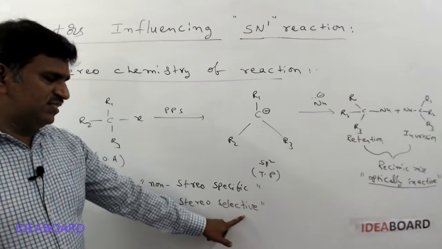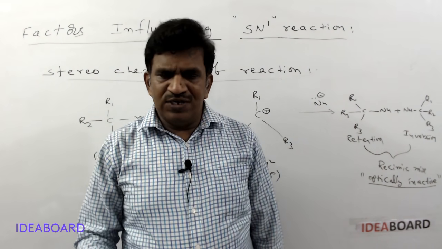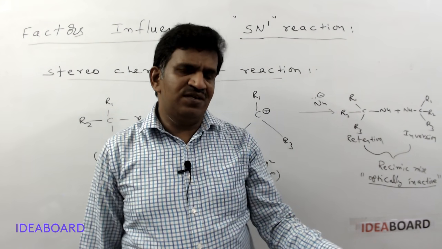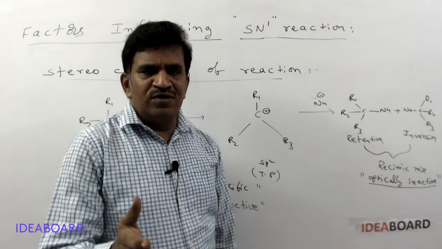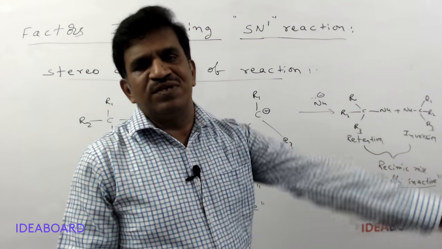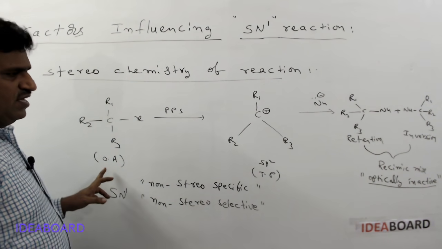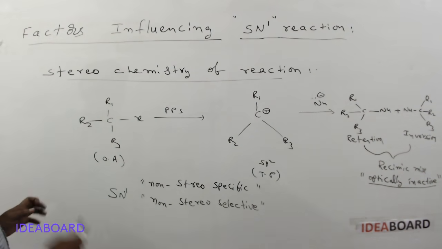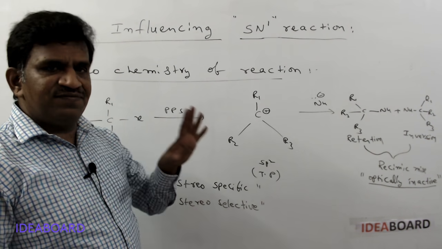Now, a stereoselective reaction means the starting compound, optically active or inactive, whatever it may be, may or may not be a stereoisomer, but if it is converting into a stereoisomer, it is called a stereoselective reaction. If one optically active compound is converting into another optically active compound, that is called stereospecific.